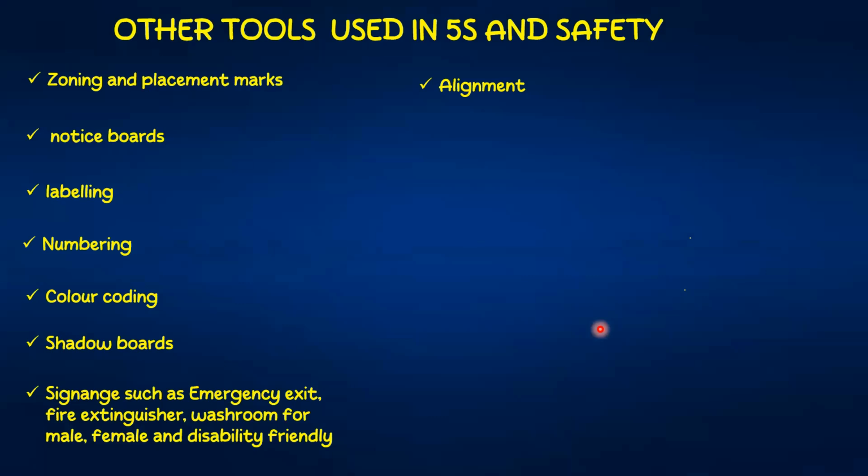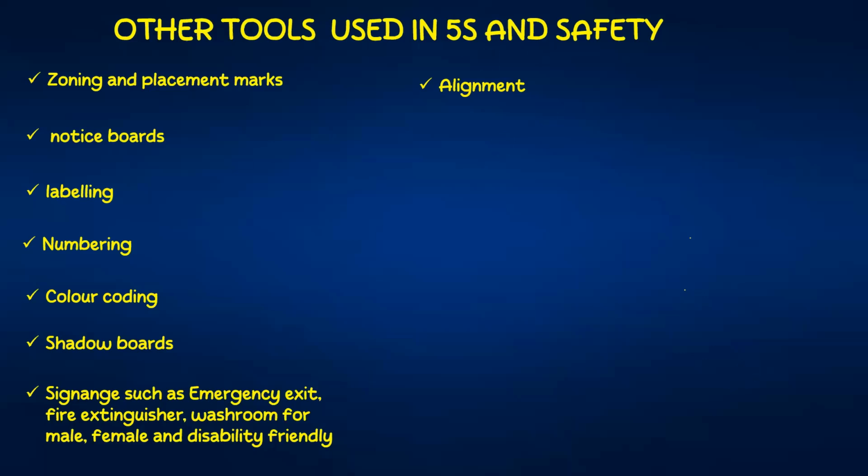Other tools we use, especially during set, are zoning and placement marks, notice boards, labeling, numbering, color coding, shadow boards. There are signages for things such as emergency exits, fire extinguishers, washrooms, and very importantly, we need to have signages for disability-friendly services within the facility. Another 5S tool that we have is alignment.